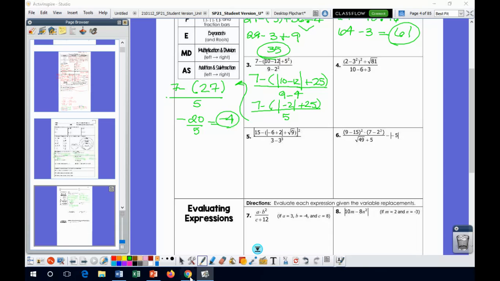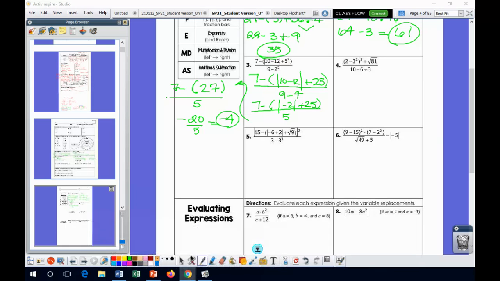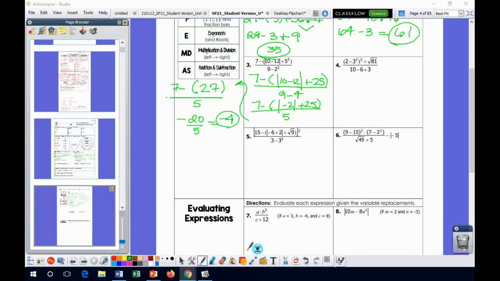So take 7 minutes to do 4 through 6, and I will come around and check homework. Oh crap, there's a bottom part. On the bottom, is that just a subtraction symbol or is that negative 6?